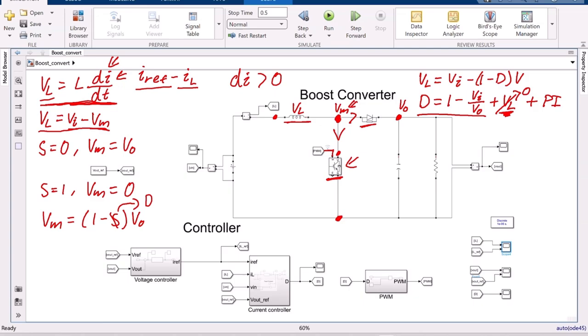And this requires a positive VL, which is also larger than 0. So if you insert a positive VL, as you see here, you will get an increase in the duty cycle. So an increase in the desired change of current increases the duty cycle. That is why we have a positive sign in front of the PI controller.